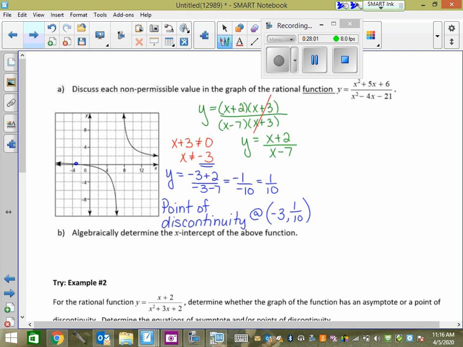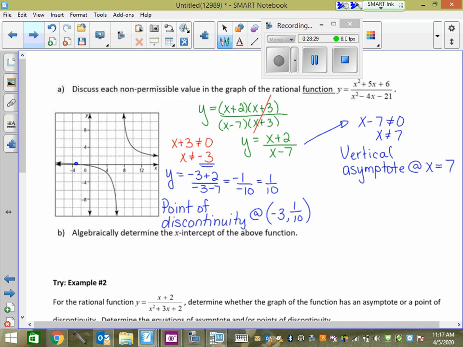Okay? Then I have this left over. This left over gets me an NPV that is still in the denominator. x minus 7 still cannot equal 0. x cannot equal 7. Well, because it didn't cancel off, that's not a point of discontinuity. That's a vertical asymptote. So I have a vertical asymptote at x equals 7.